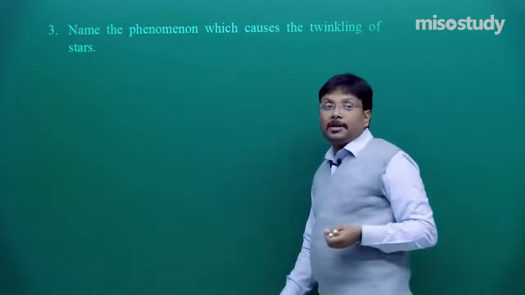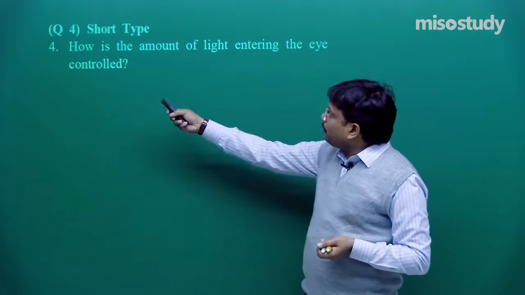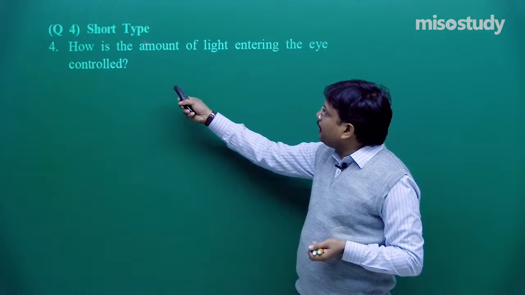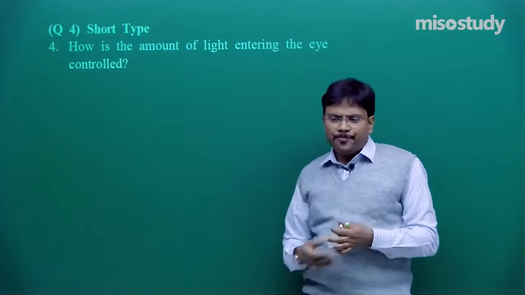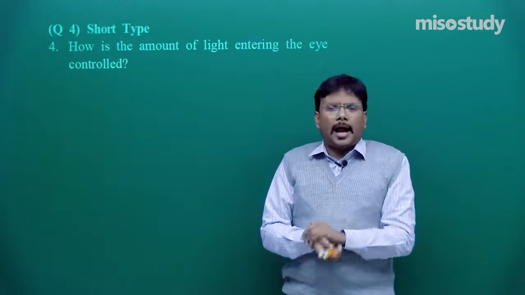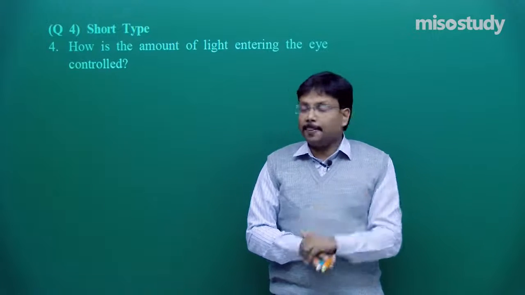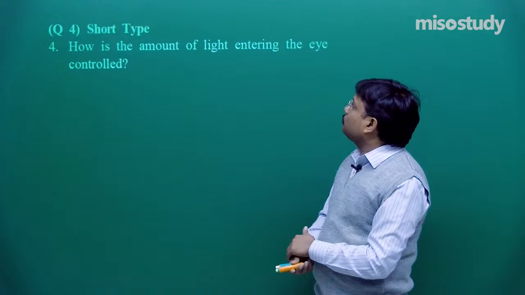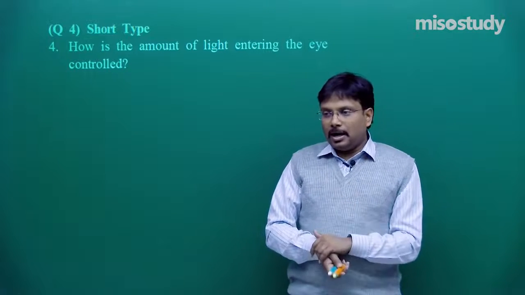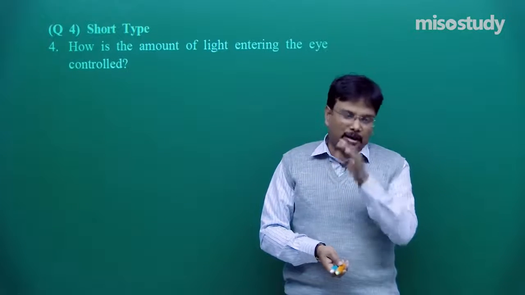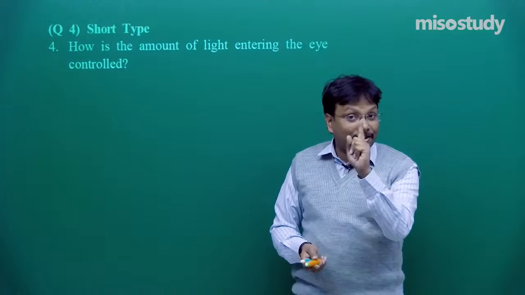Now comes question number 4, and it is of a different type. This one question is short. Short answer means you have to write at least a line or 2 lines. How is the amount of light entering the eye controlled? Well, the answer to this question is one single word, but it is not for 1 mark, and that is the basic difference.